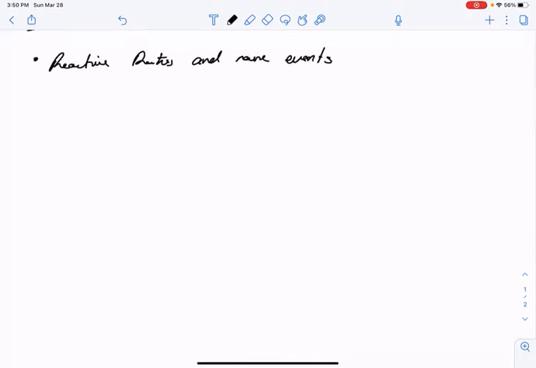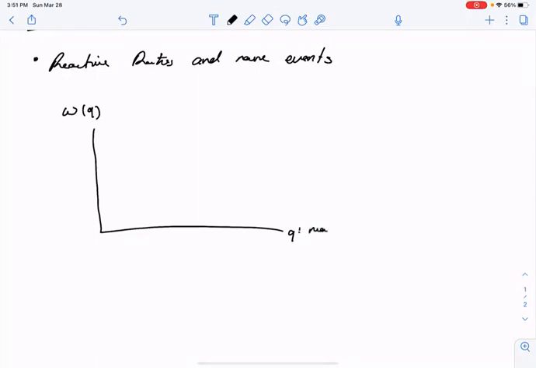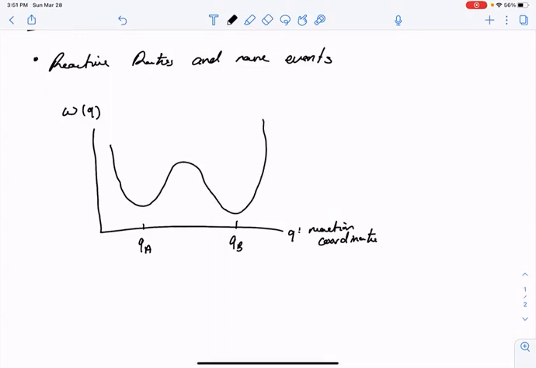So to get everyone on the same page, what we envision trying to understand is if we had a free energy surface, say W of Q, where Q is some reaction coordinate, something that distinguishes a set of reactants, call them A, from a set of products, call them B. And by distinguish, I mean that there are features on that free energy surface which mean that A and B are long-lived.